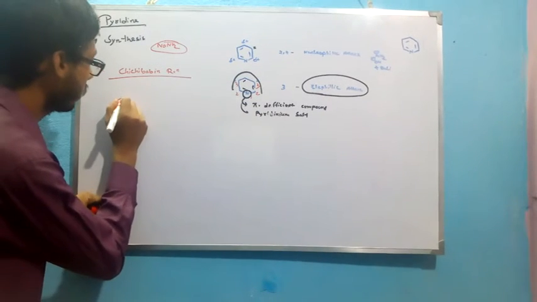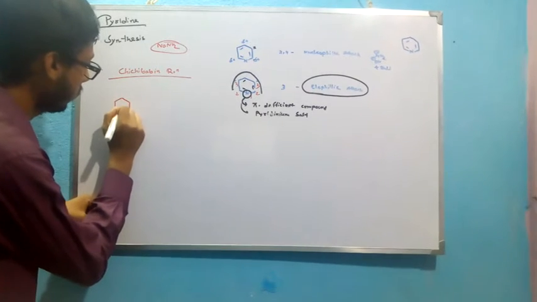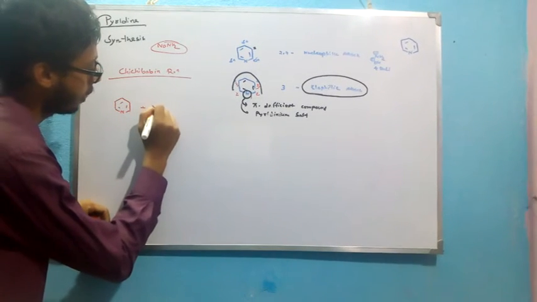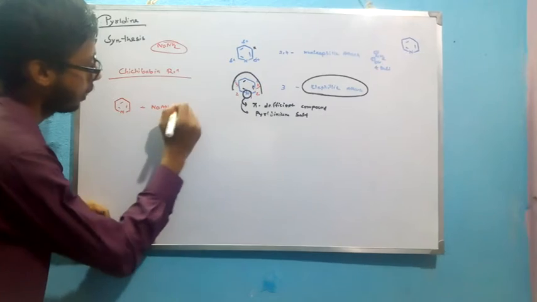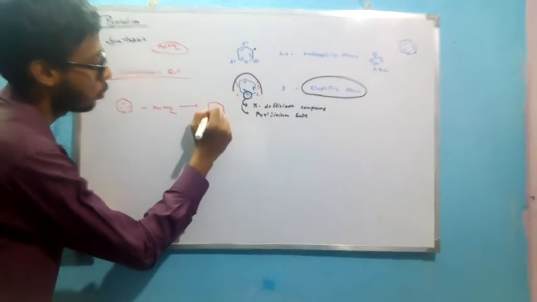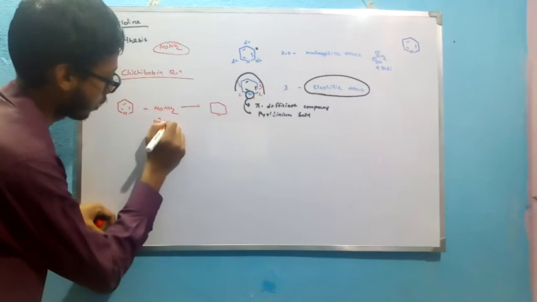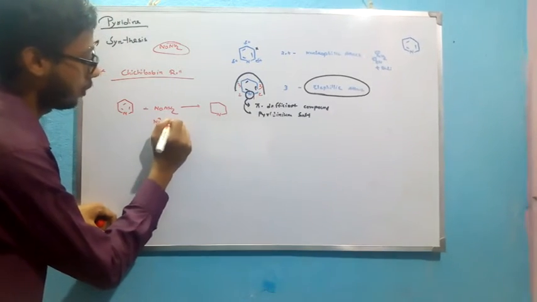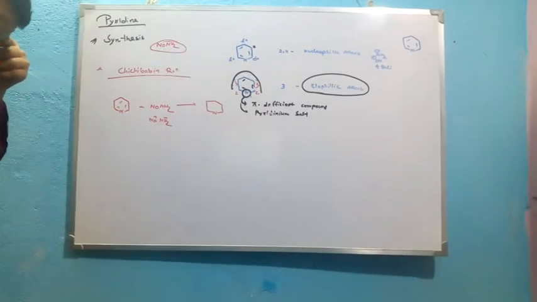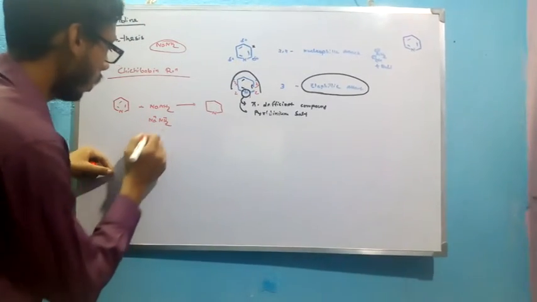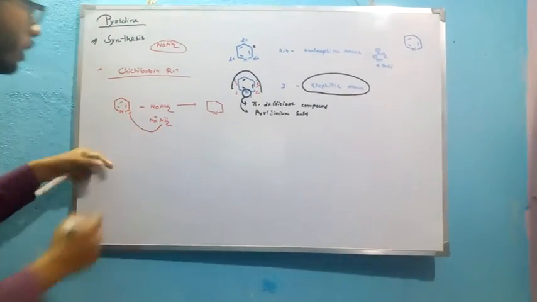Let's see, that is pyridine, and it reacts with sodium amide, attached at the 2 position. Sodium amide has the nucleophile, that is NH2, and it is attached at that 2 position.